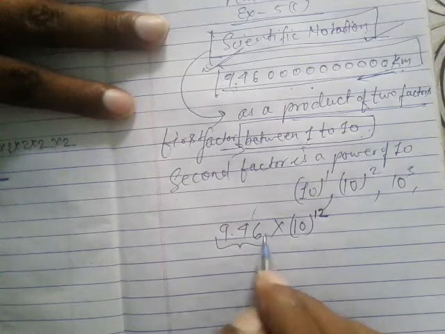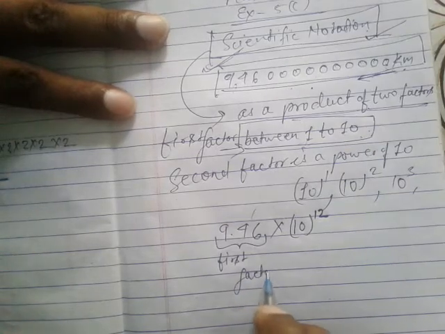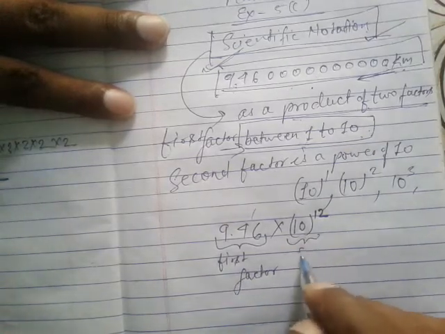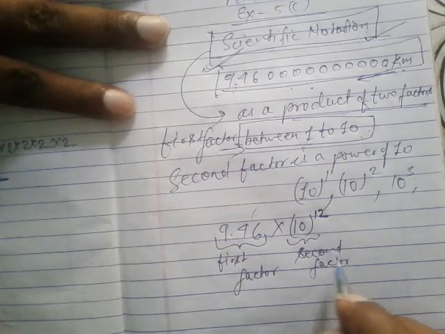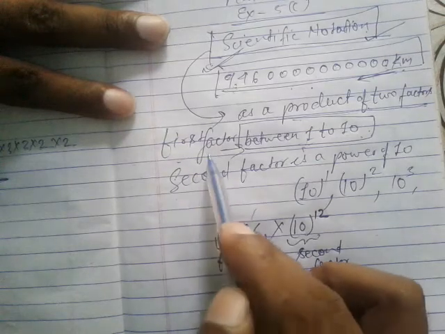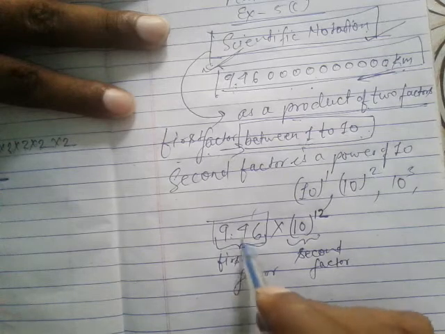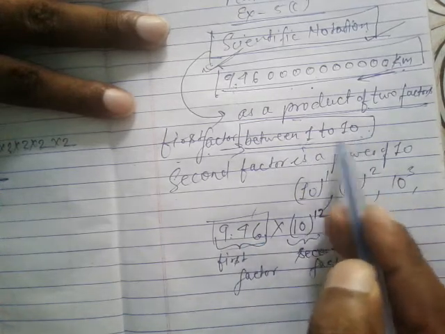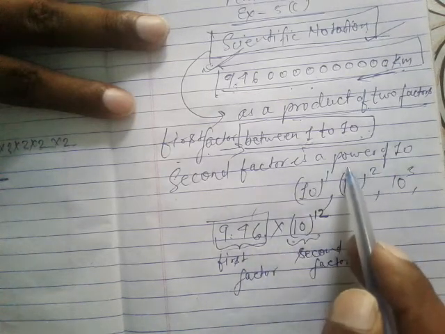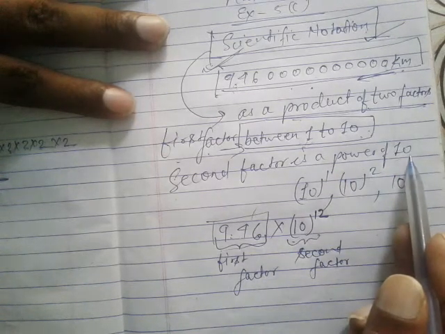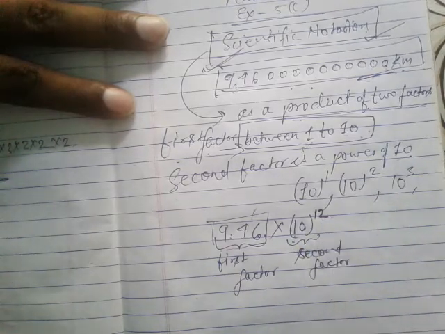This is called the first factor, and this is called the second factor. As I already said, the first factor's value lies between 1 and 10, so 9.46 lies between 1 and 10, and the second factor is written as a power of base 10, so the base is 10 and its power is 12.